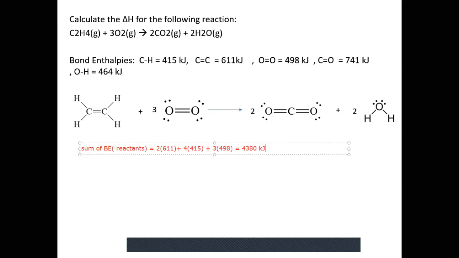kilojoules. We do the same thing for products, so the sum of bond energy of products. We have 4 carbon-oxygen double bonds plus 4 oxygen-hydrogen single bonds.